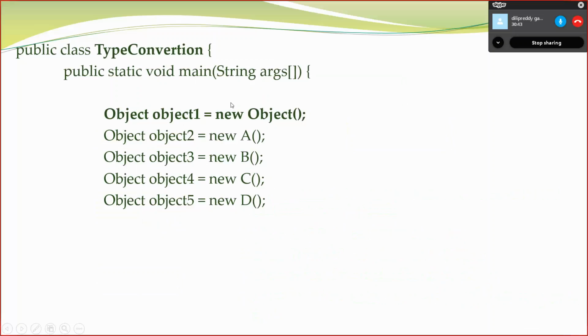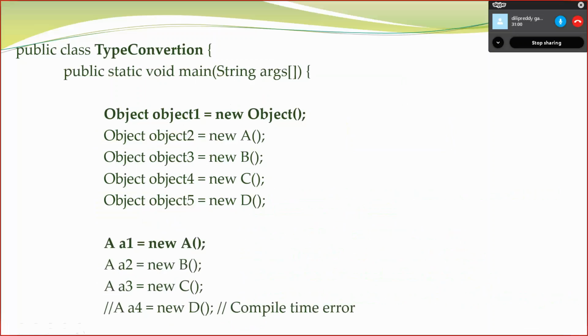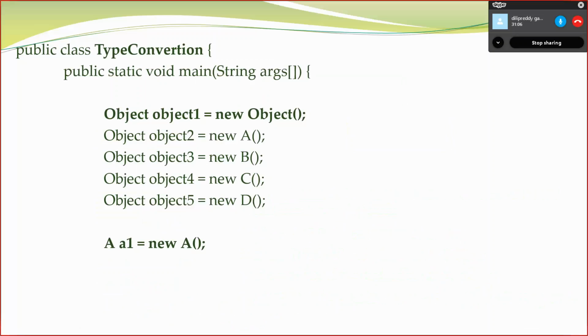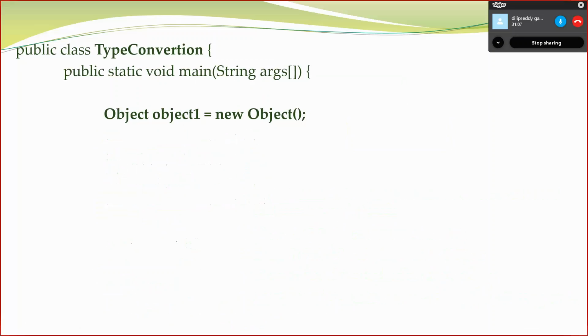See, we have A, this is the same class. We have a relationship with B, correct? For C also we have. You can see for both, correct? So we can do this, but we cannot do it on D. For D we will get a compile-time error. We cannot do this.